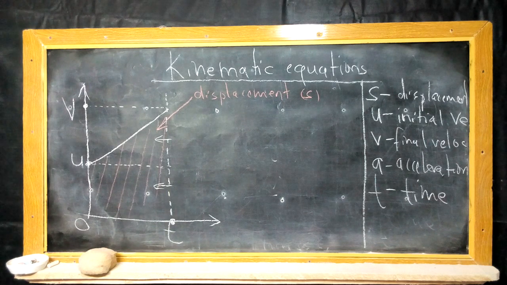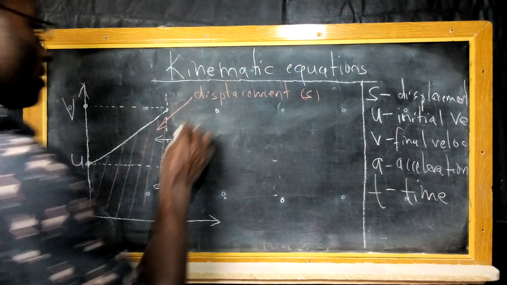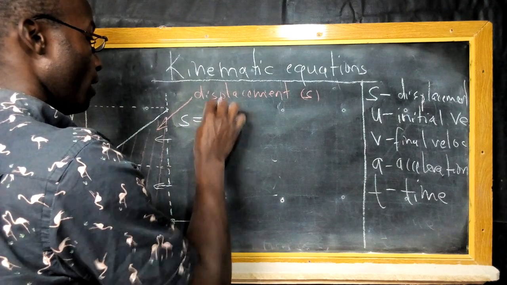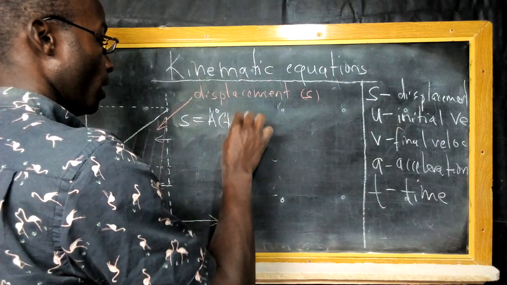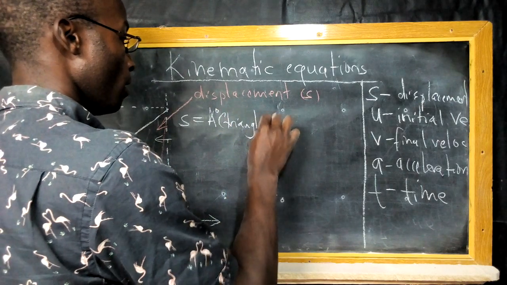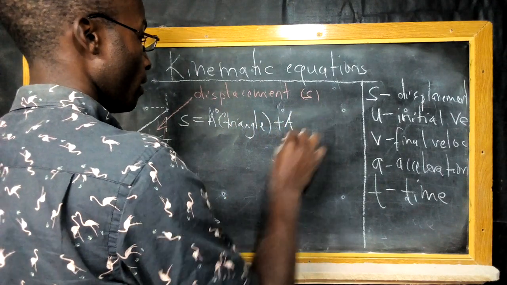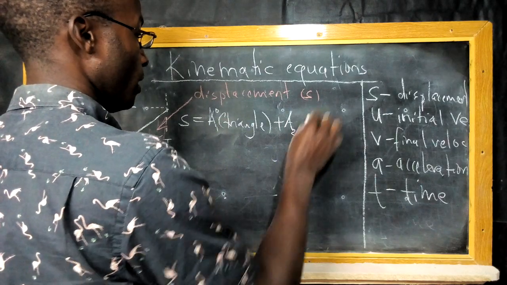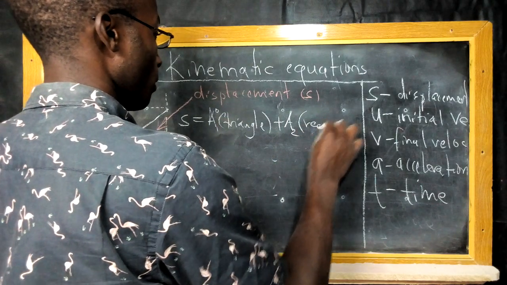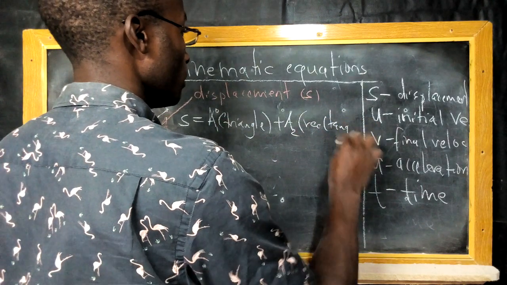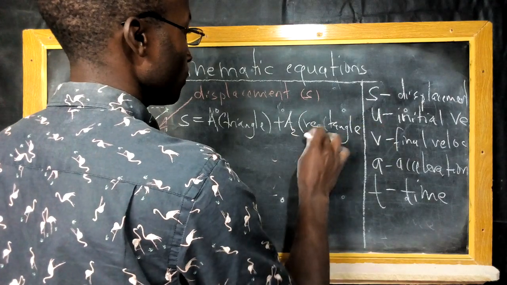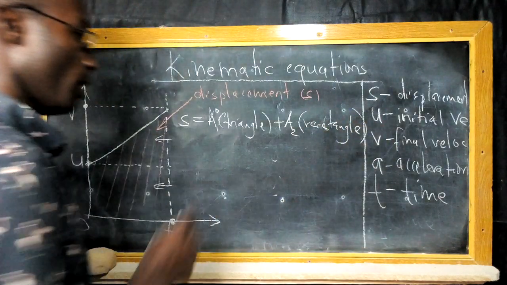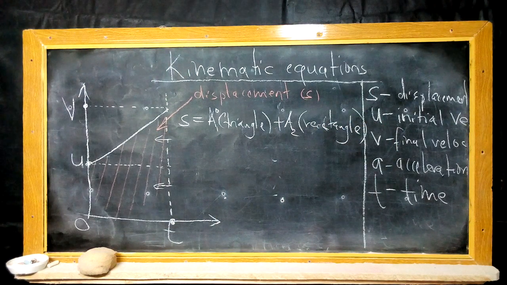As we have said, displacement is represented by the area under the curve. So S will be the area of the triangle plus the area of the rectangle.